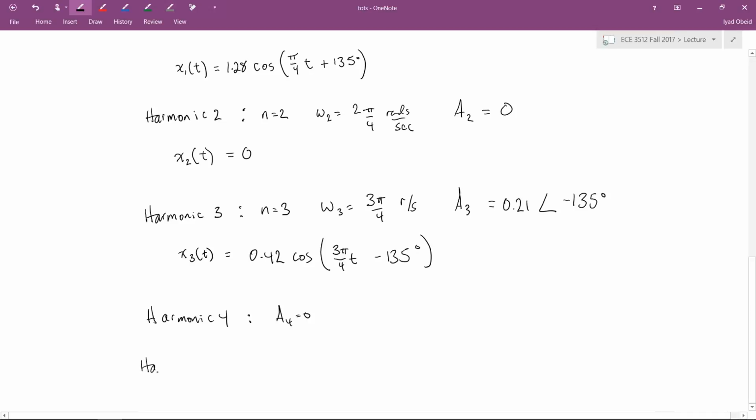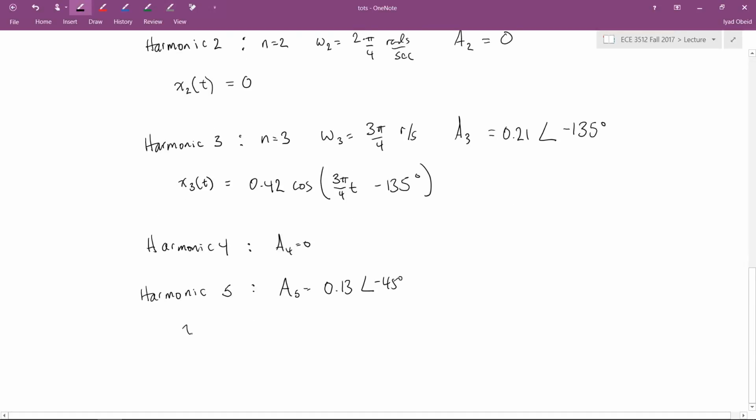And for harmonic 5, we find that A sub 5 equals, let's see, 0.13 angle negative 45 degrees, and therefore x5 of t equals 0.26 cosine 5 pi over 4 times t minus 45 degrees.